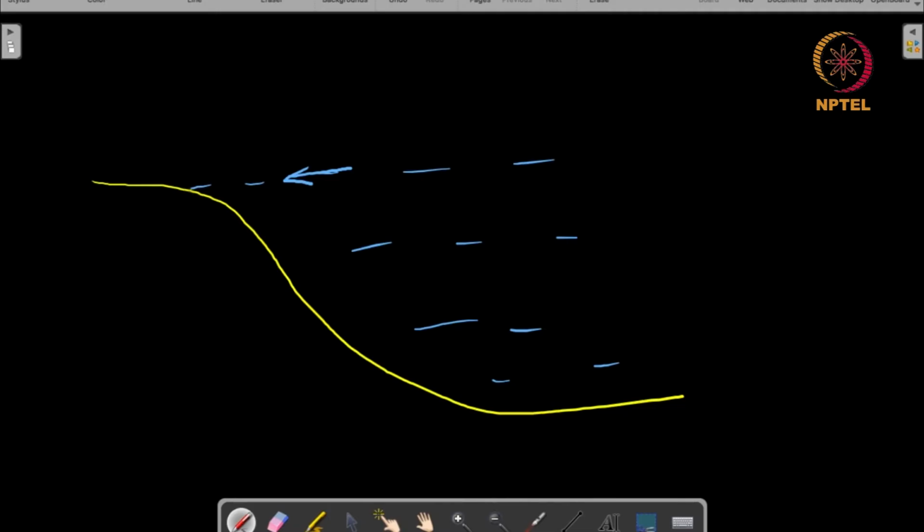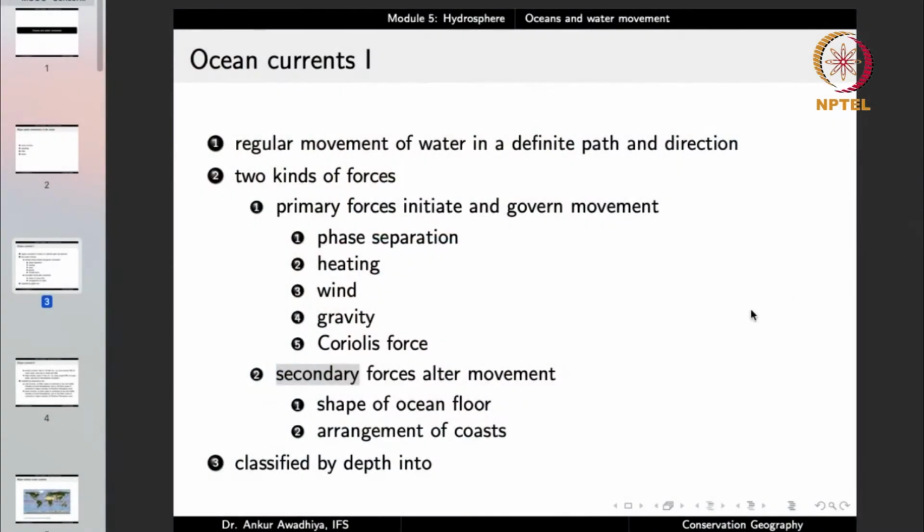So depending on the shape of the coast, this water will have to change its direction. So in this case, the shape of the coast also becomes a secondary force or a secondary factor, which is altering the movement of water. It is not initiating, it is not governing the movement, it is just altering the movement of water. So these are the two kinds of forces that play a role.